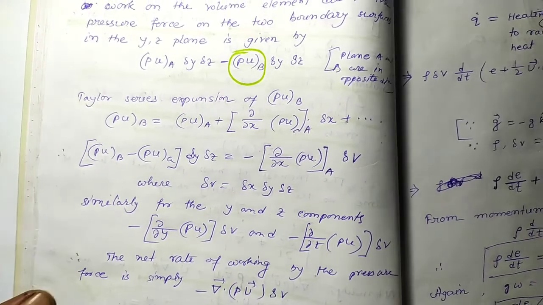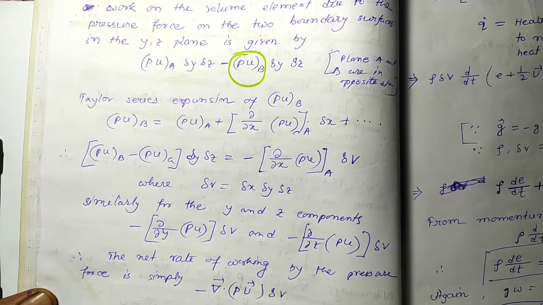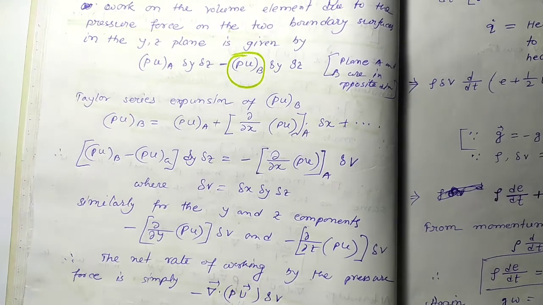Therefore, the net rate of working by the pressure force is given by minus gradient of Pu delta V.